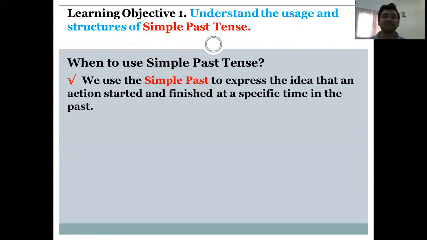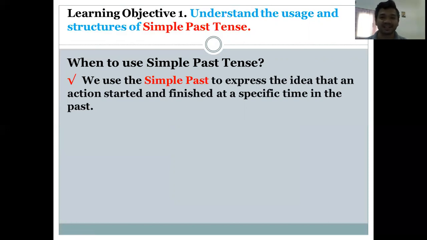Okay, so let's make it simple. We use the simple past tense if we talk about an action that started in the past and also finished in the past. That's very clear.